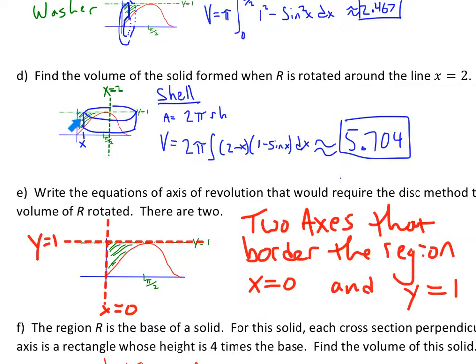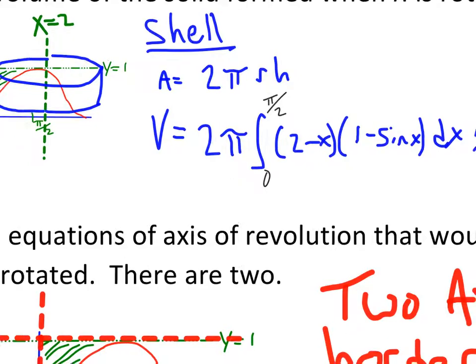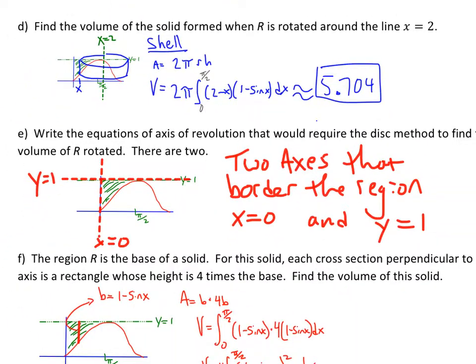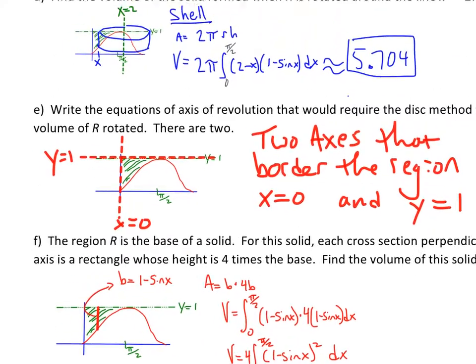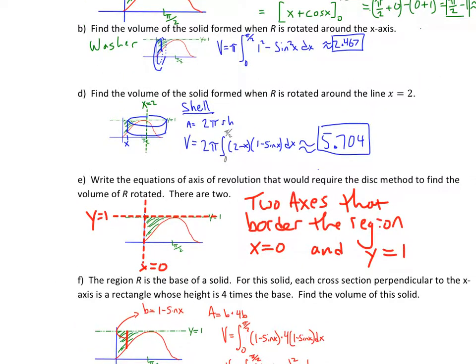The height is going to be 1 minus the sine of x. Something's missing here: we have our bounds 0 to pi over 2, and we end up with 5.704. You can use washer method, but it's just going to get ugly, because you have to solve for y, and you just don't want to do that.